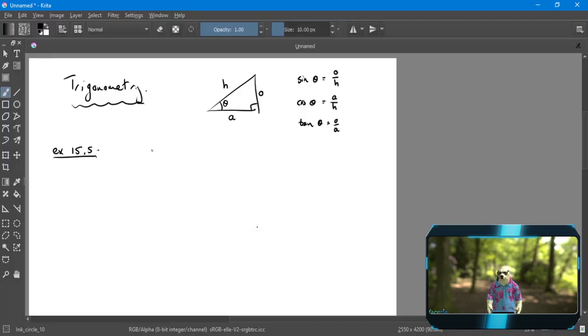So we have some sort of cliff here, and there is the water, and you see a boat on the water like that, and you're standing over here on the cliff, maybe your hair in the wind, a lot of hair, and you are looking at the boat. Let me draw a straight line for that though.